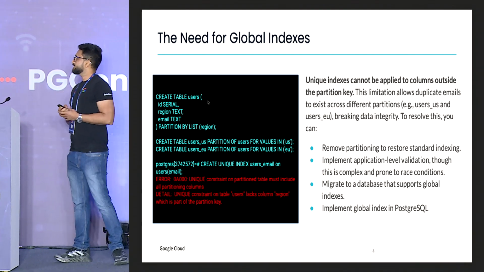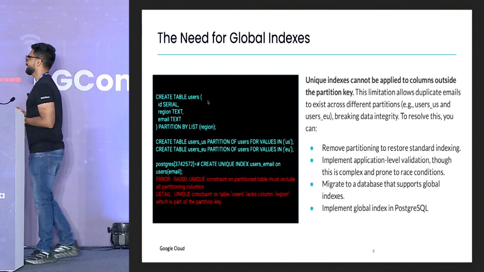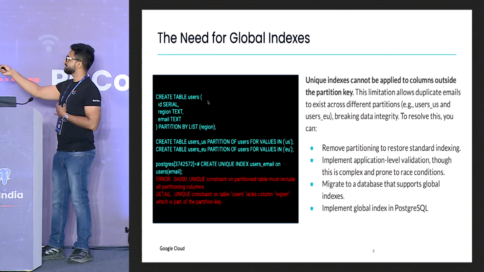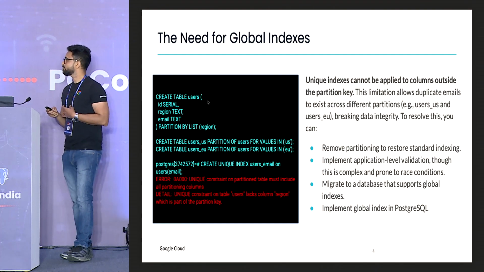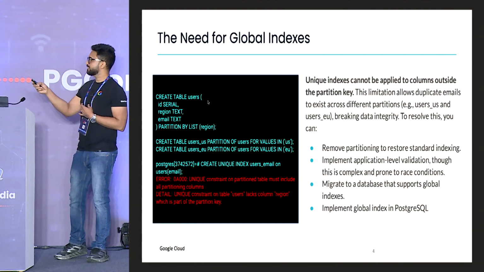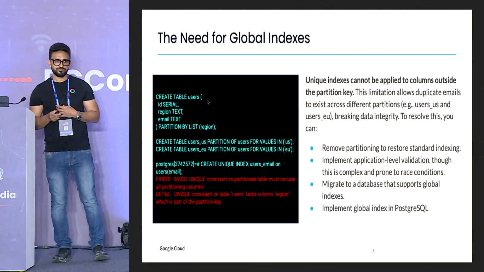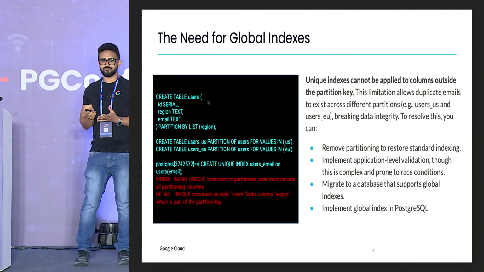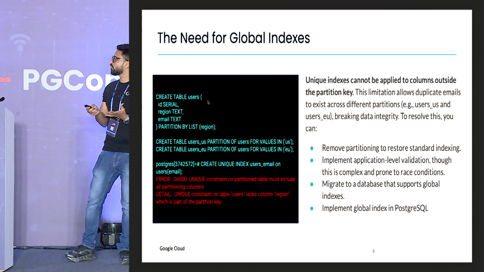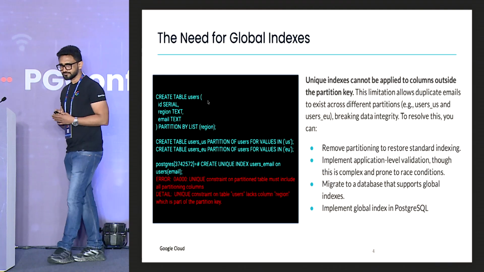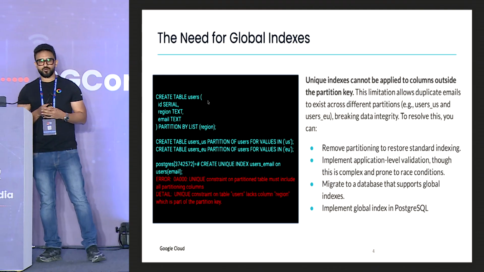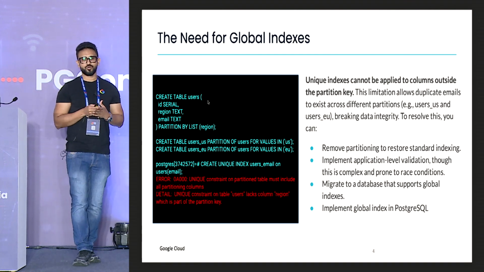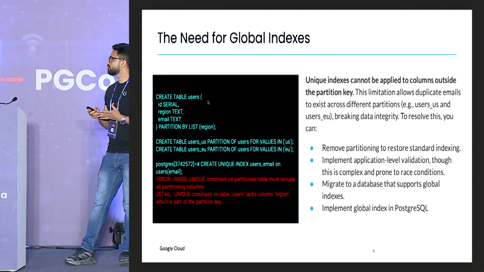When you try to create a unique index on any other column which is not part of the partition key, it means this table is partitioned based on the region column, but I am trying to create a unique index on the email column, you'll see an error that unique constraints are not supported, or that the index should include all the partition key columns. That means the problem is that you cannot have a unique constraint on a non-partition key column.